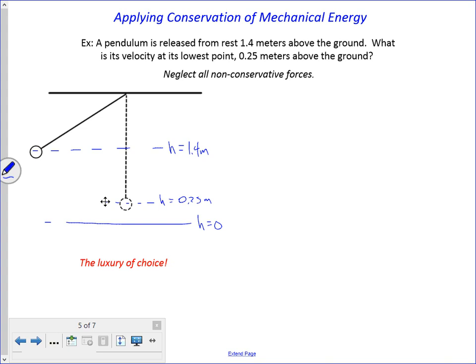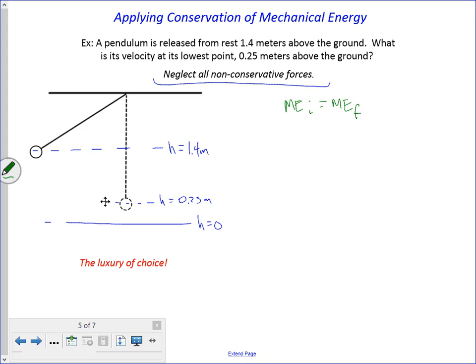We want its velocity at that lowest point. Oh, look, neglect all non-conservative forces. All right, so that means that we can apply the following. If we neglect all non-conservative forces, mechanical energy is conserved. There is a constant amount of mechanical energy.